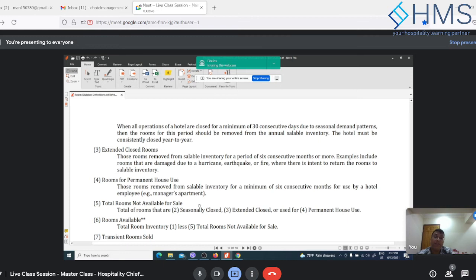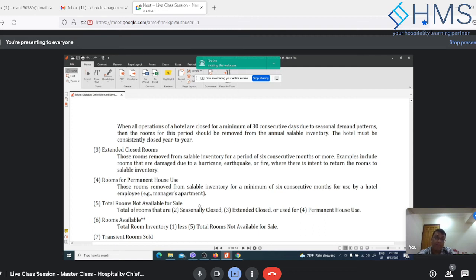So there is a difference between closed rooms and out of order rooms. Out of order rooms are not available for sale temporarily, but they will still be part of your rooms available inventory. So when you are calculating the RevPAR or the occupancy percentage, they will be included in the calculations.